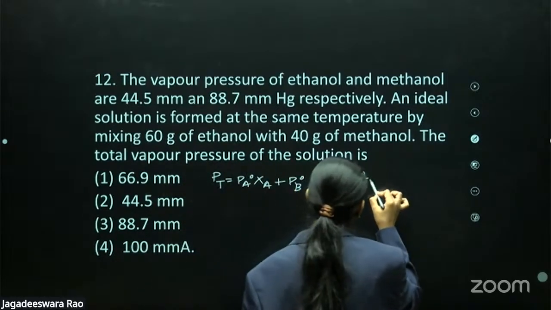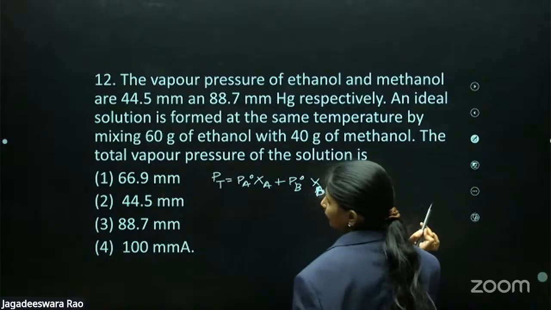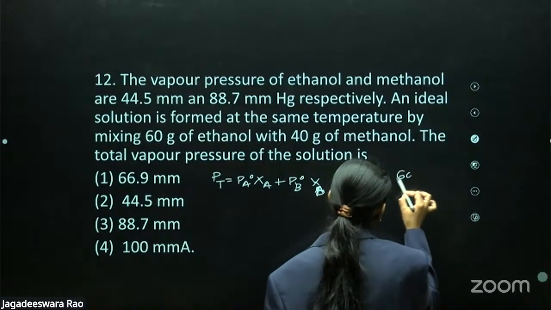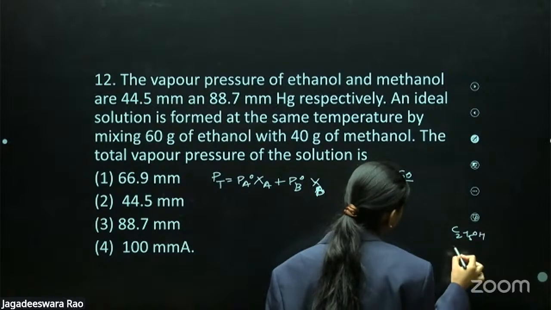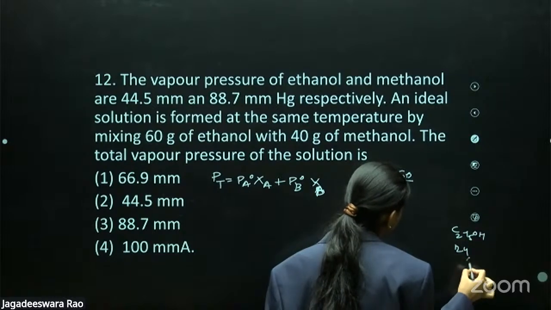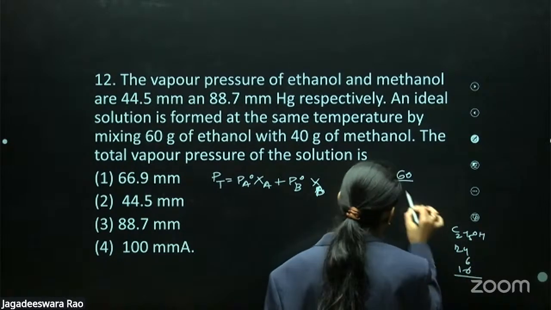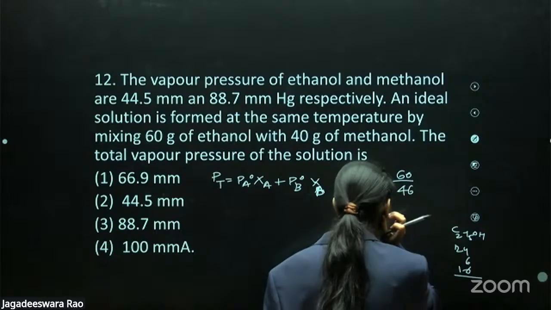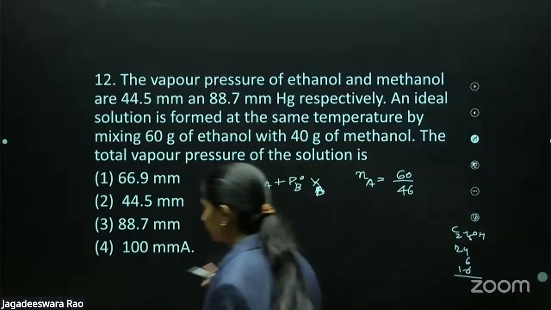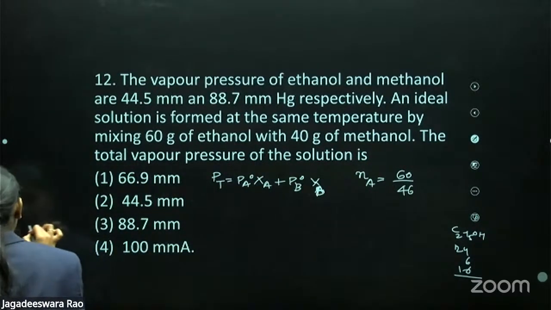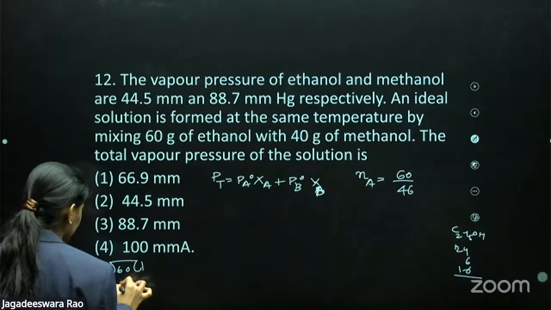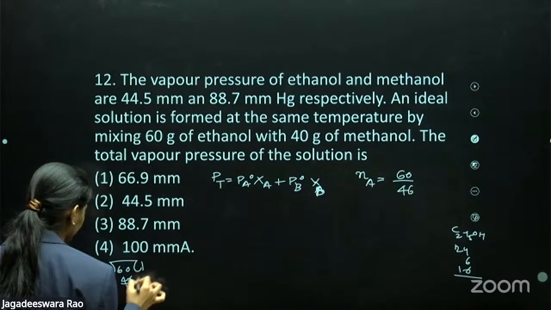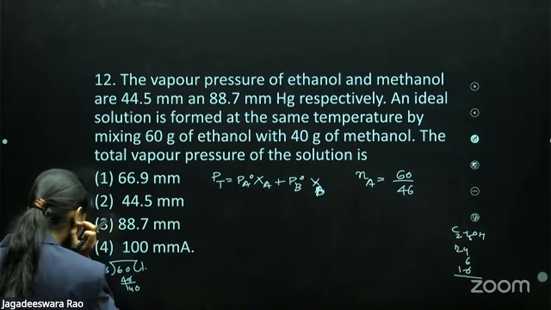Moles of A. I'll take A as ethanol, 60 gram. What's the molar mass of ethanol? Ethanol is C2H5OH, right? So 24 plus 6 plus 16, which equals 46 gram. So 60 divided by 46, you have to do the calculation.